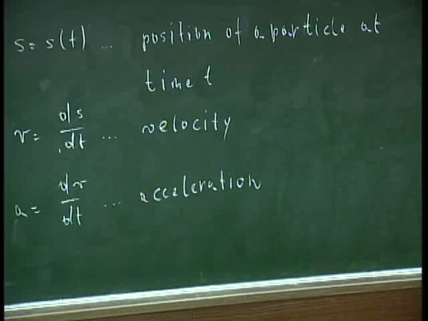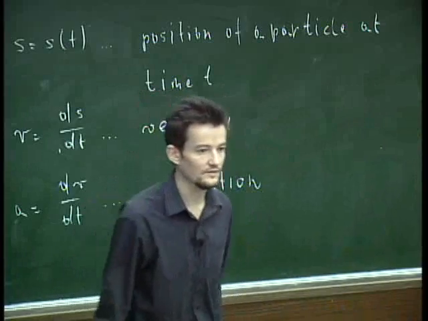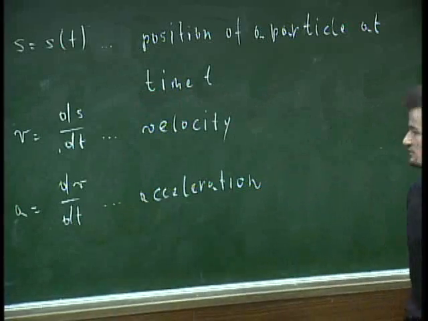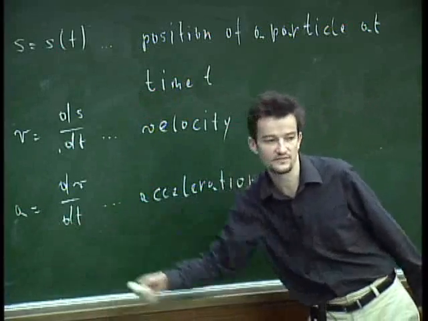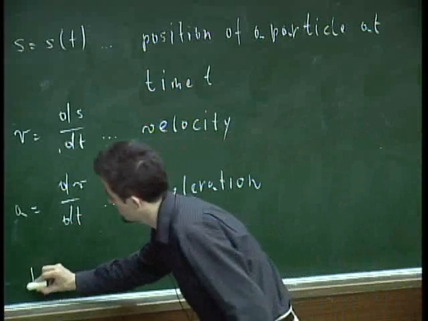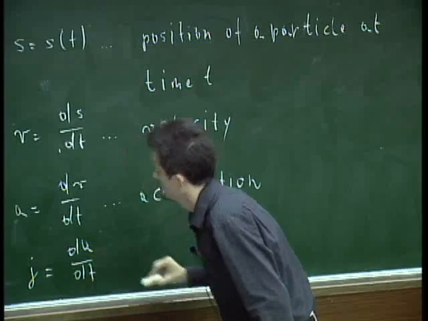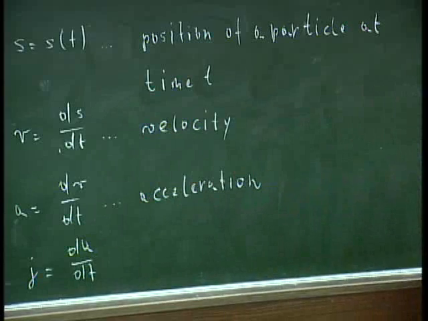Now, of course, it also makes sense to look at higher derivatives. So you again consider the derivative of the derivative. In physics, you have to ask the question whether the derivative of a has a meaning, so the rate of change of the acceleration. Also, this quantity is considered in physics, normally called j, which is the derivative of the acceleration.